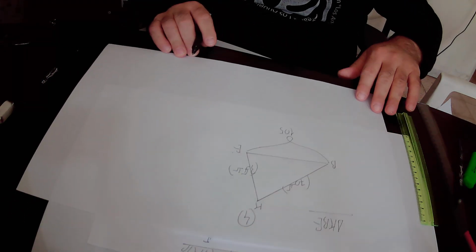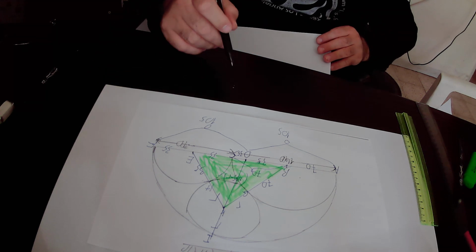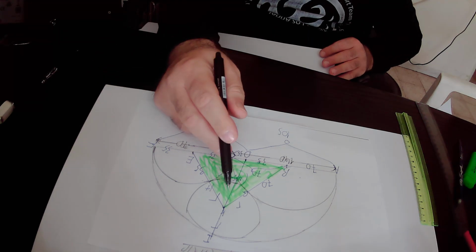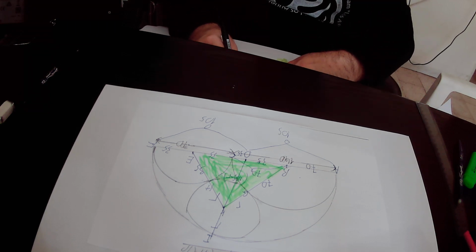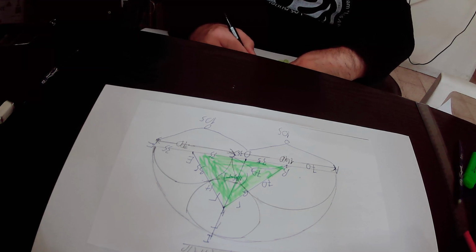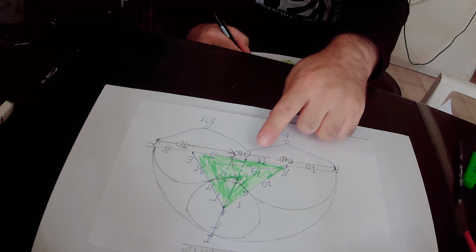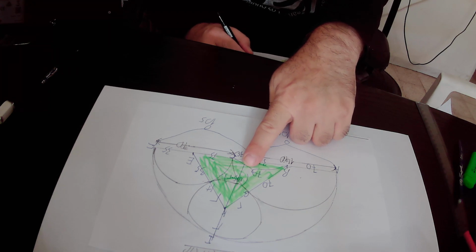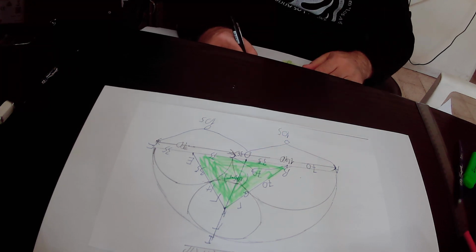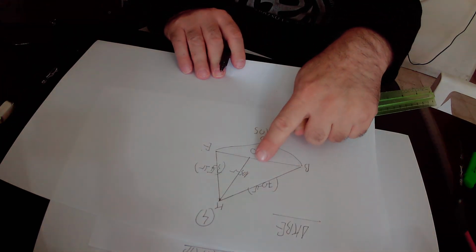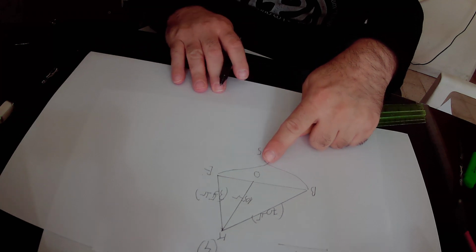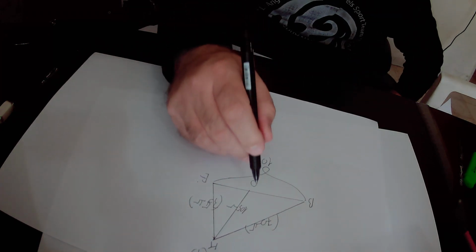And finally, line segment KO equals 105 minus R units. Repeat again. Line segment KO equals 105 minus R units.